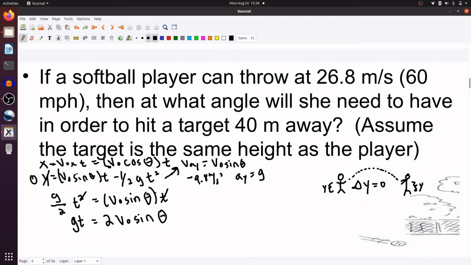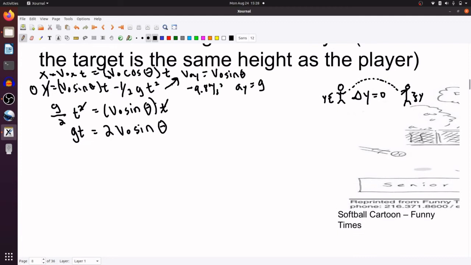There are many different things I can do here. From above, remember that x was equal to v naught cosine of theta times t. So I'm going to make a substitution. I know that t is going to be x over v naught cosine theta.